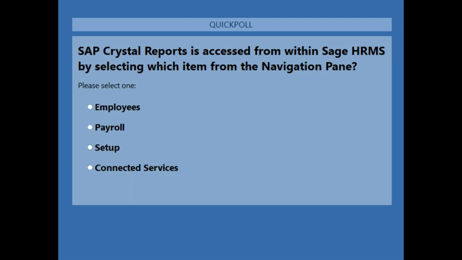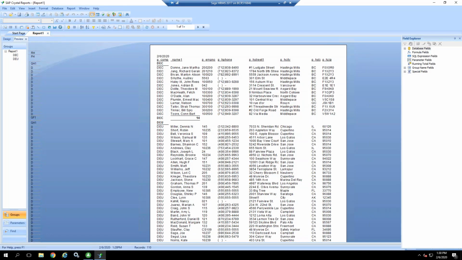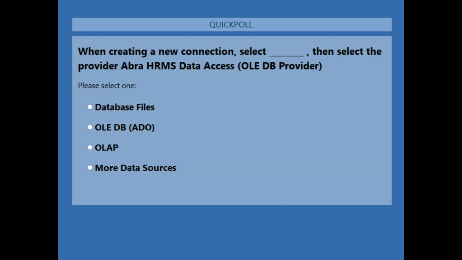The correct answer is connected services. So how do you launch Crystal Reports from within Sage HRMS? It's from connected services. I'm going to close that poll. The next question I want to share, I'd like to go ahead and answer that poll.